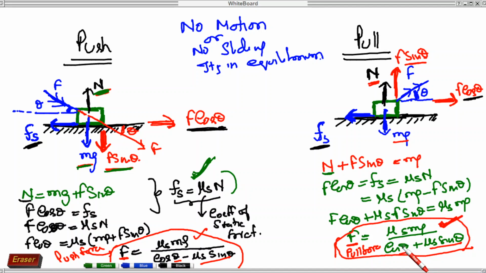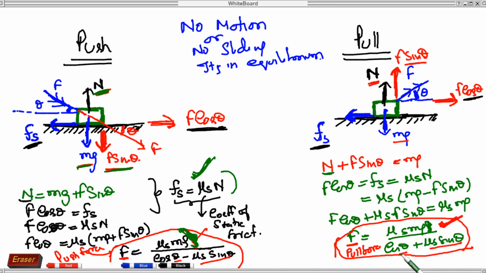So which one is good? Means where you have to apply maximum force. The thing is that this upper part, this mu s mg part, is the same. Here also mu s mg, both have the same value.